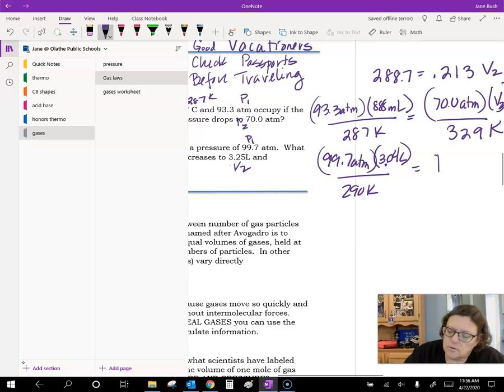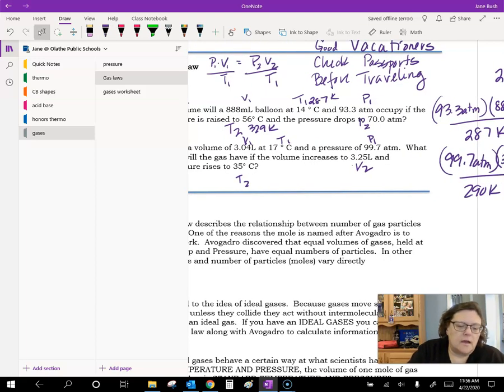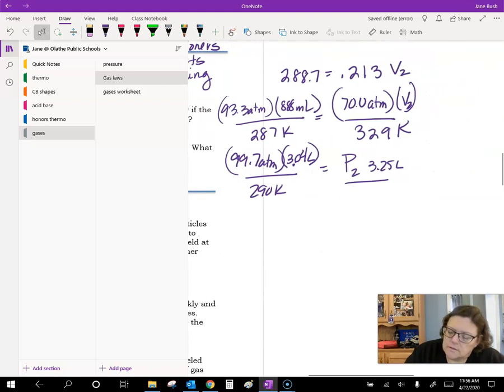Volume 2 is 3.25 liters, and temperature 2, 35 plus 273, is 308.